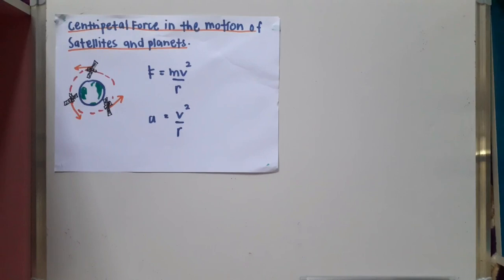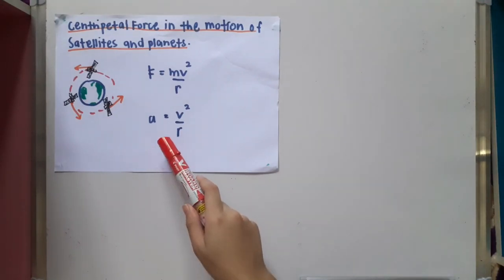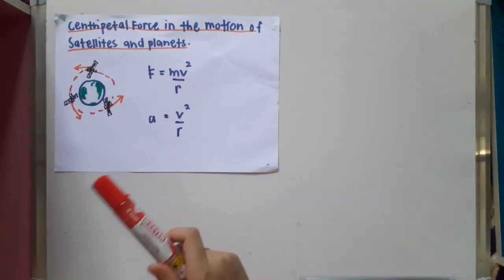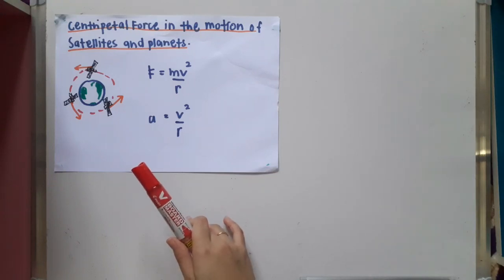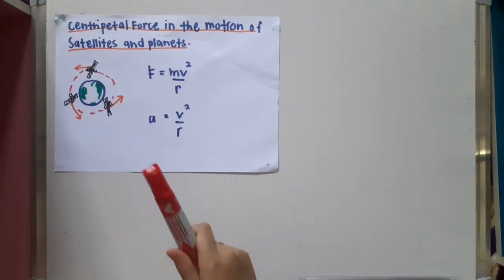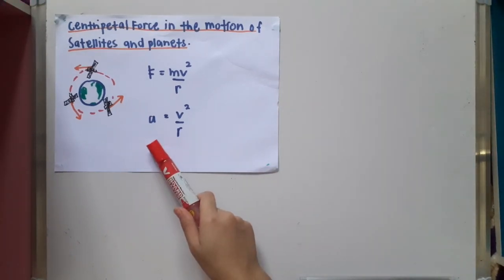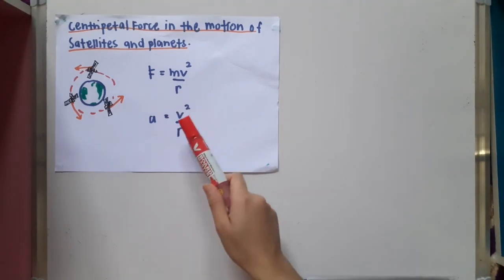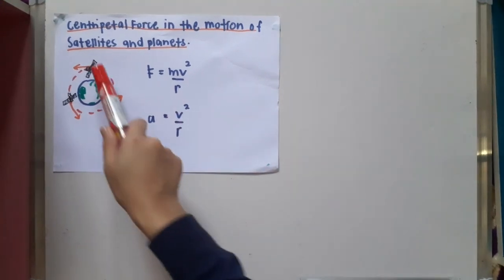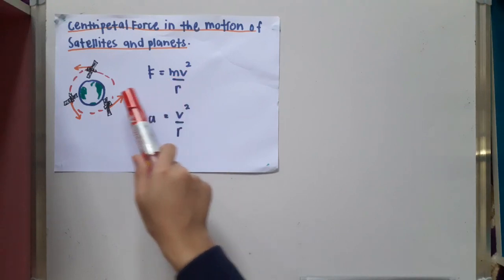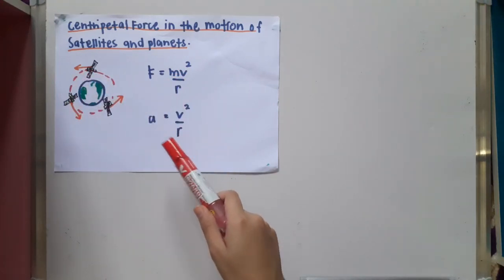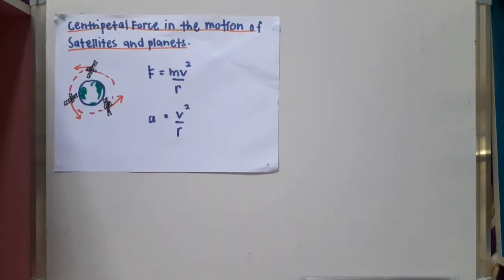And A is equal to v squared over r, where A is centripetal acceleration. V is linear speed, same as velocity, and r is the distance between Earth and satellite.